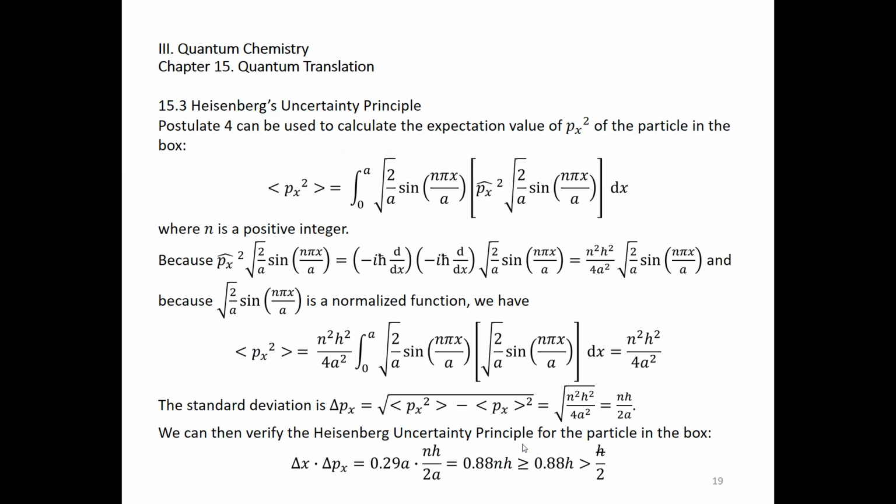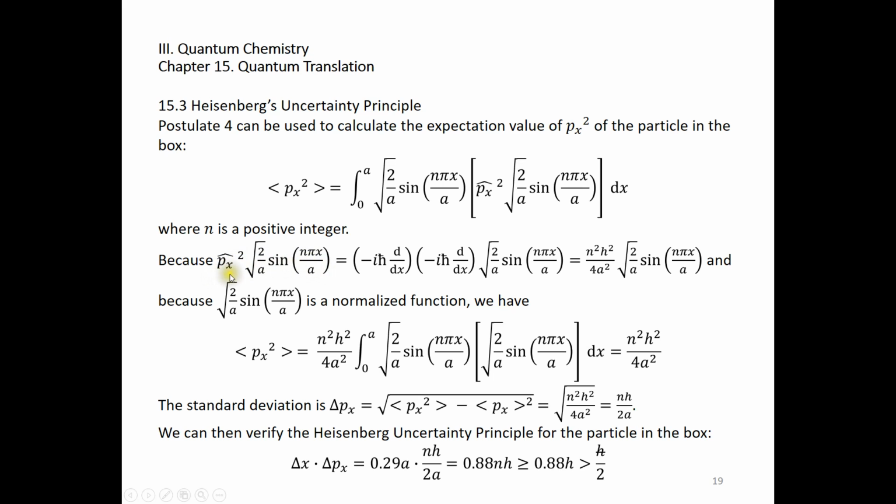Postulate 4 can also be used to compute the expectation value of the momentum squared of the particle in the box. Really, it's just the integral. This is psi star, the complex conjugate of the wave function. Here we have the operator, which is px squared, applied to the wave function. And we can simply do some mathematics. We evaluate this first.